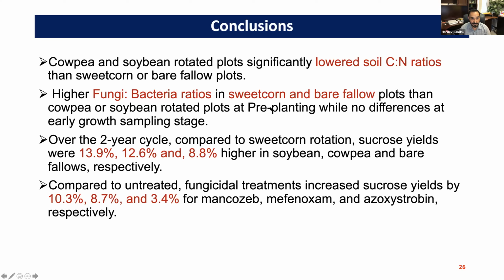We saw a higher fungi to bacteria ratio in sweet corn and bare fallow compared to the cowpea and soybean rotation crops. Over the 2 year cycle, compared to sweet corn, sucrose yields were increased in cowpea and soybean. Even in bare fallow, there was relatively high yield compared to sweet corn rotation. Compared to untreated, fungicide treatments also improved the yields.